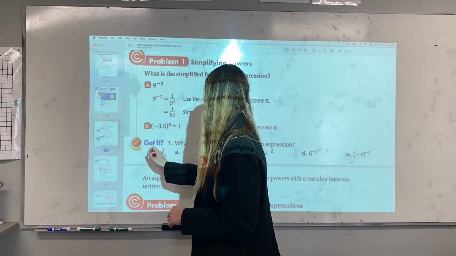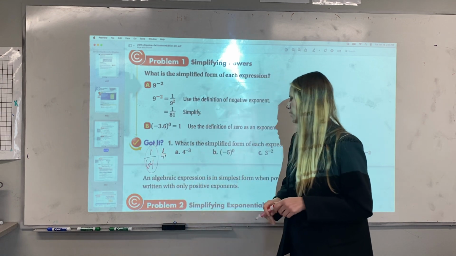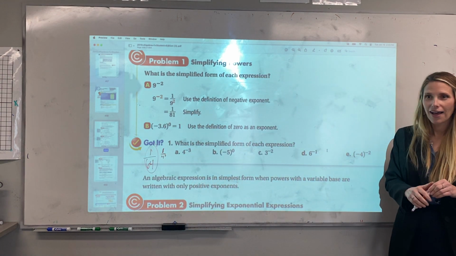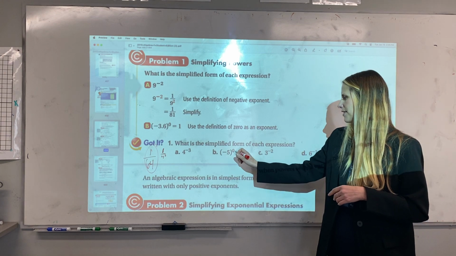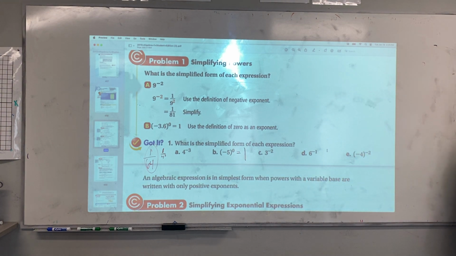So that would be 1 over 64 for A. What about B? It's 1. And Bo, what did you get for C? I got 1 over 9. Yeah, because you had 1 over 3 squared.